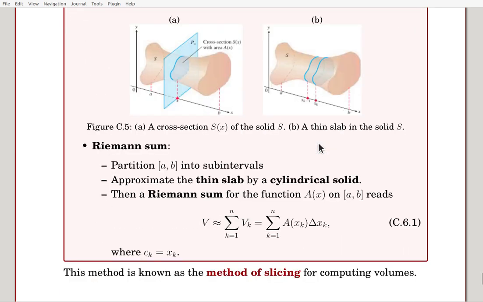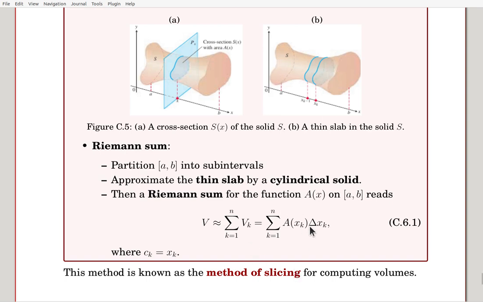So here the Riemann sum can be formulated in this way. The area times the thickness will be a local volume. The sum of these local volumes is a good approximation of the original volume.